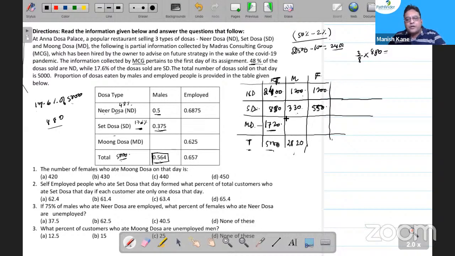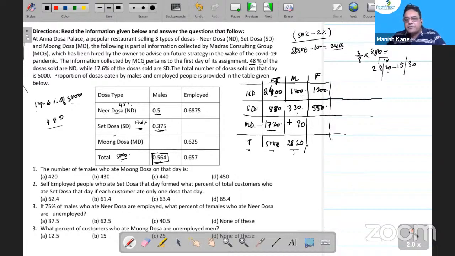So how many moong dosas have been consumed by males? 2820 minus 1200 minus 330. You should be able to do this orally. Correct? This is 1530. See how I will subtract 2820 minus 1530 orally. I'll just place a line here. I'll carry 1. 120 minus 30 is 90.